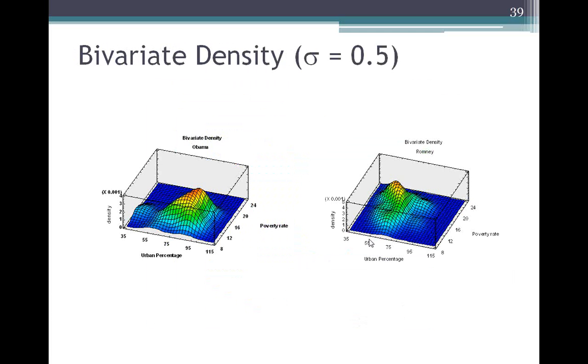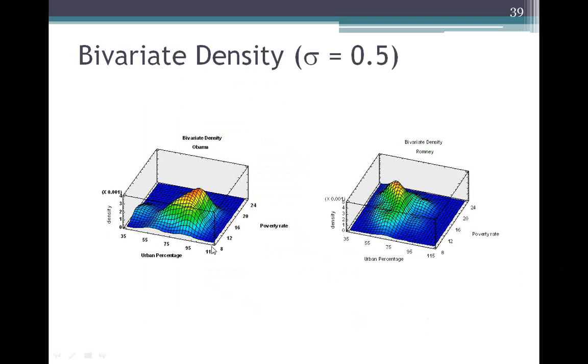Anyway, I was trying to explain what a bivariate density is. And as I said, I can't plot the bivariate density for all 12 predictors simultaneously. What I did is I just picked two to illustrate what I mean by a density function: urban percentage and poverty rate.